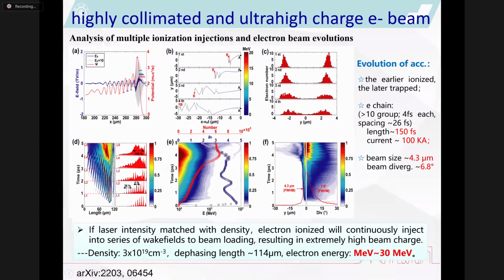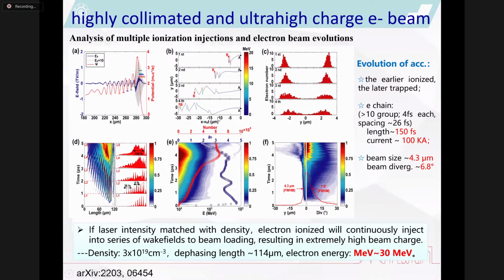continuously ionized electrons were continuously injected into several laser wake fields. In this case, for each wake field, the electron charge reaches the beam loading. That means approximately 10 wake fields reach the beam loading.